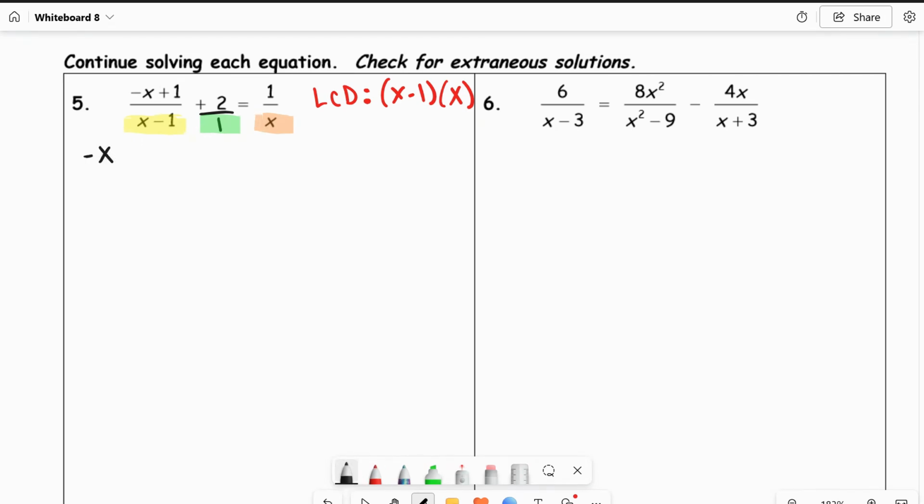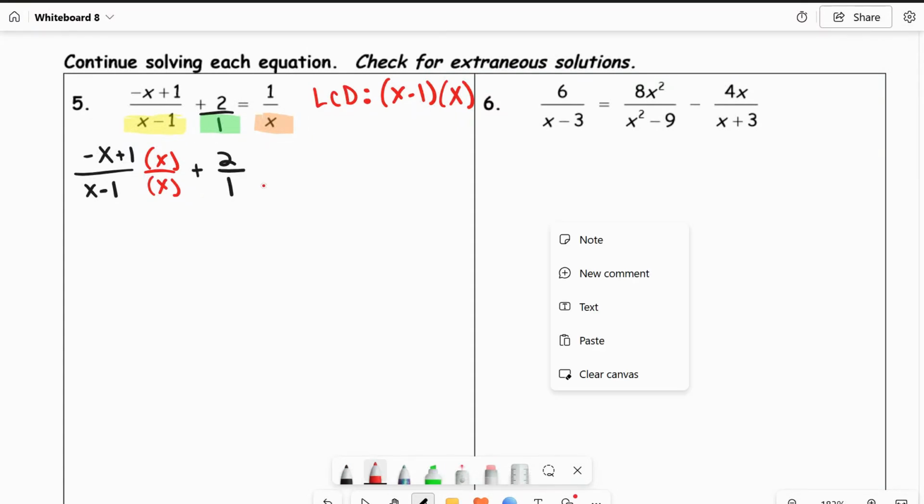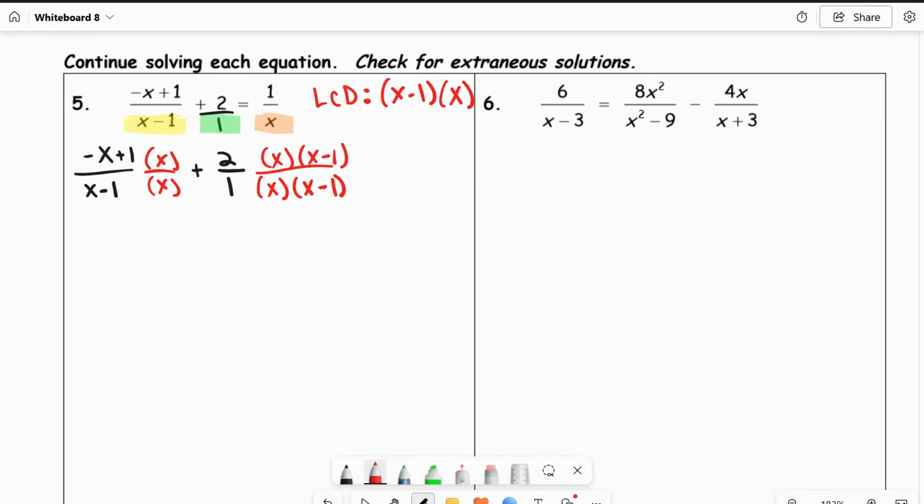So we've got negative x plus 1 over x minus 1. To create my LCD here, I'm going to have to multiply this one by x over x, plus 2 over 1, which I'll have to multiply by x times x minus 1 over x times x minus 1.